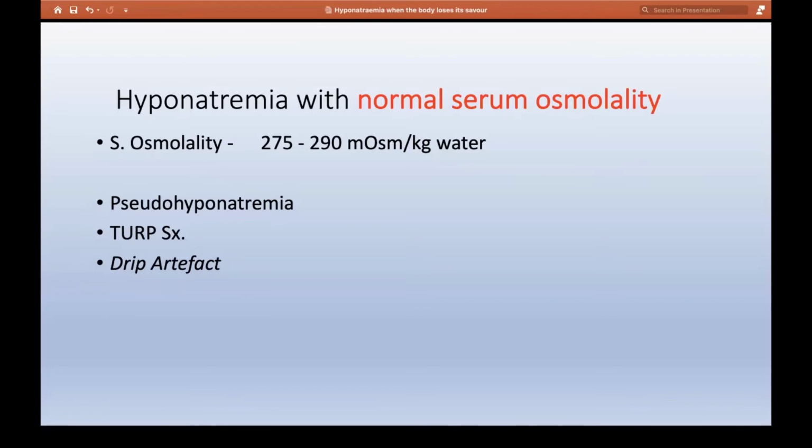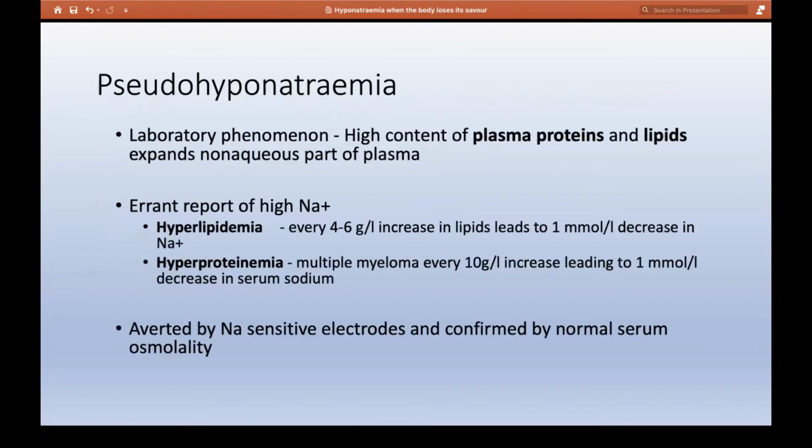For instance, if there's a drip running on a peripheral vein, and you collect blood from that arm, you could get an abnormal reading of hyponatremia, but with normal serum osmolality. That's a collection error, or what we call drip artifact.